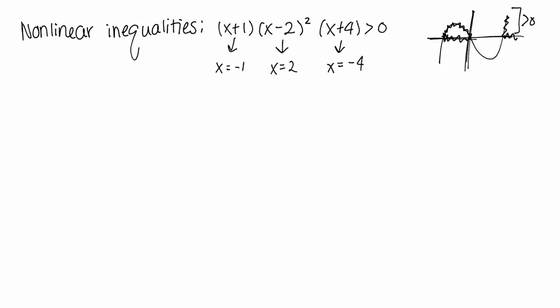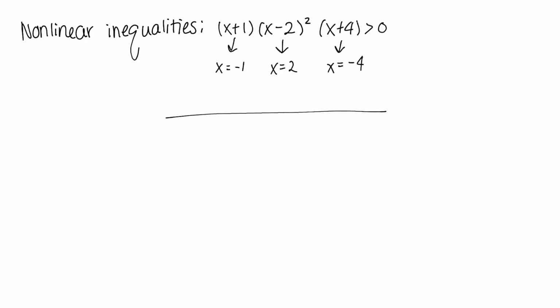I want to point out what happened when we had an even multiplicity, but we didn't call it a multiplicity there, an even power in a factored nonlinear inequality. So if you remember, put negative 4, negative 1, and 2.